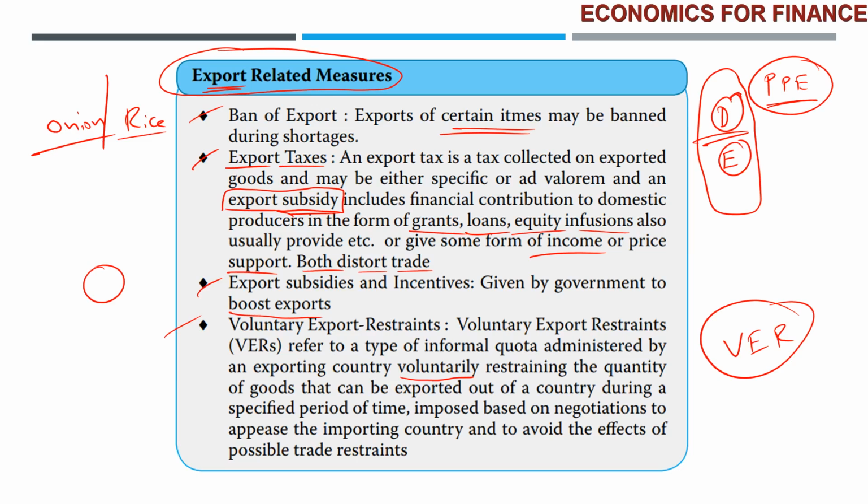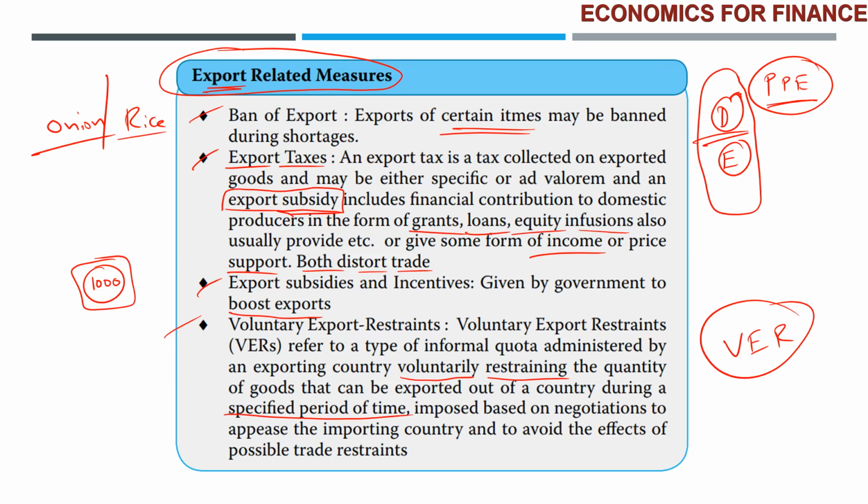Restraining the quantity of the goods that can be exported out of a country during a specified period of time. For example, onion is not banned completely for export. The maximum onions that can be exported in a particular year is limited to 1,000 tons, let us say, imagine some number, whatever. If the government says like that, that means it is a voluntary export restraint.